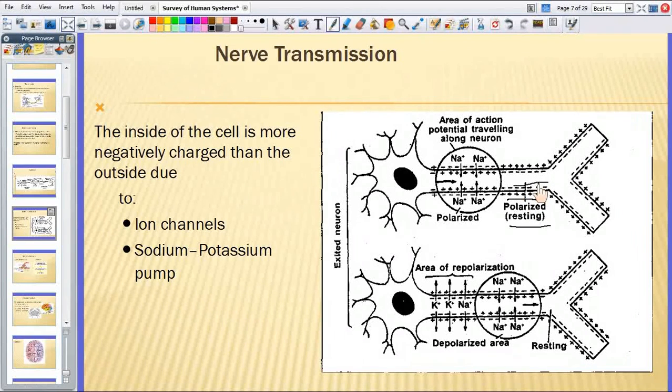And so we're going to go from all negatives on the inside to all positives on the inside. When the inside of the axon is more positive than the outside, the nerve cell is described as being depolarized.